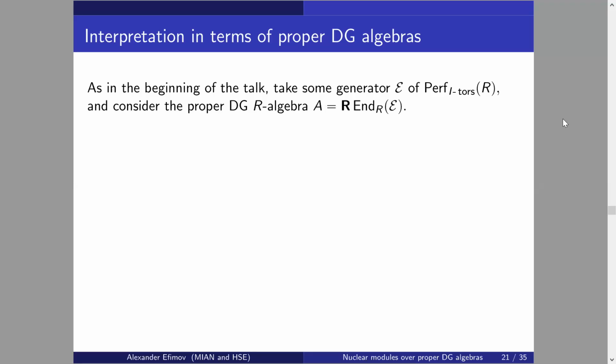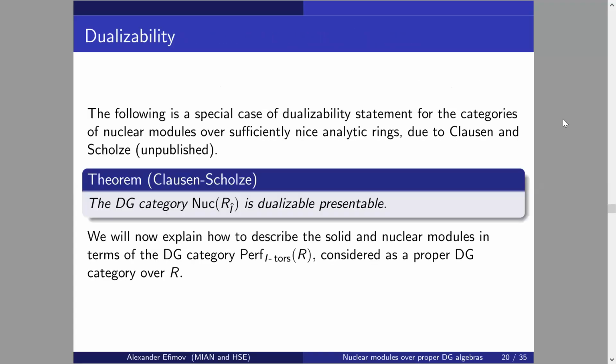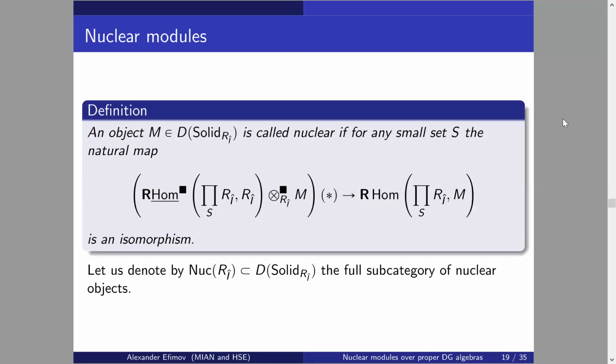I just want to make a remark that to give such a definition, you really need to know what you are doing, because it's not the kind of definition which you encounter in a natural way.